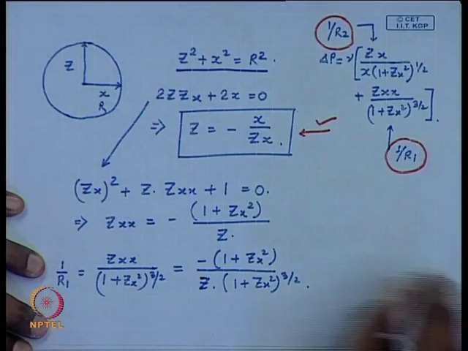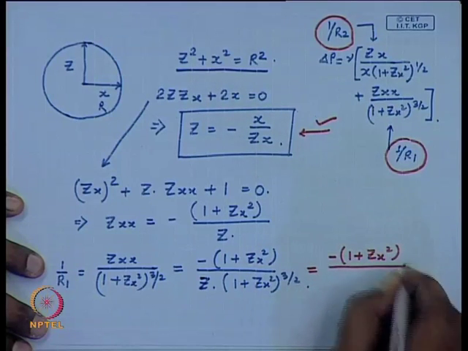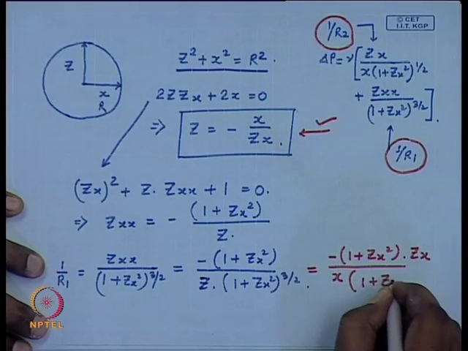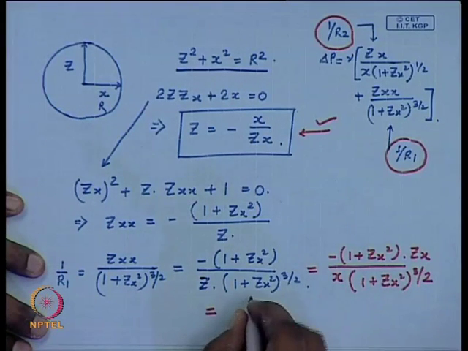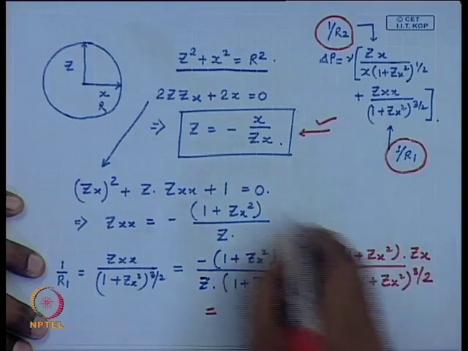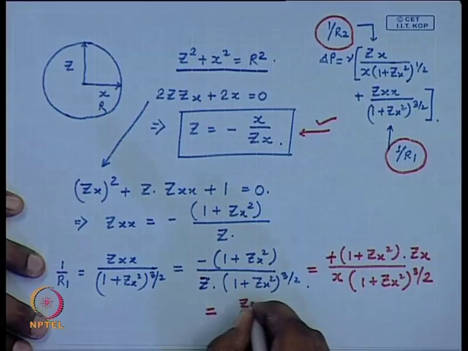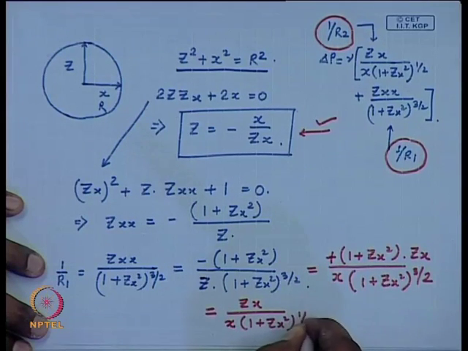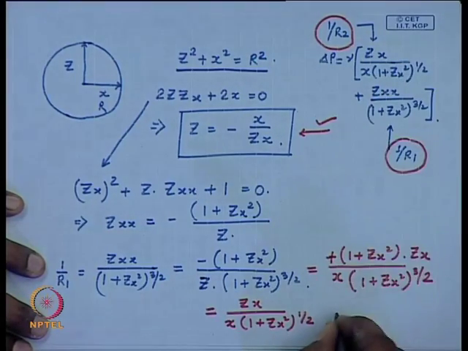If you do that, you will get... and you simplify it. There is a minus sign also here which comes from here, so it becomes overall a plus sign, positive sign. So, you get Zx divided by x into... which now you can see is the expression for the other term. So, it is 1 by r2.